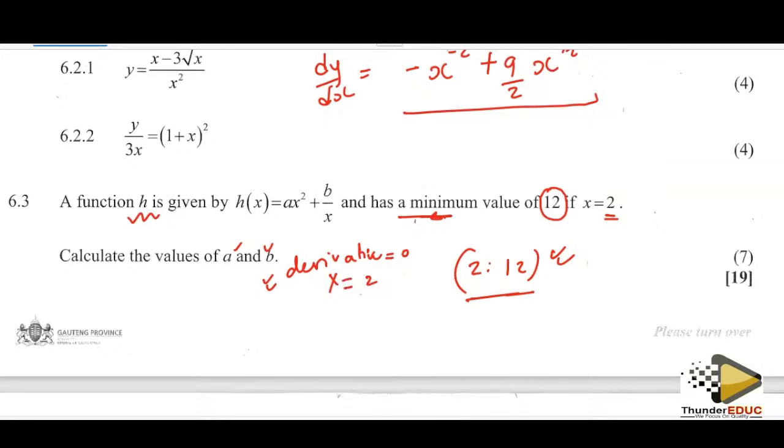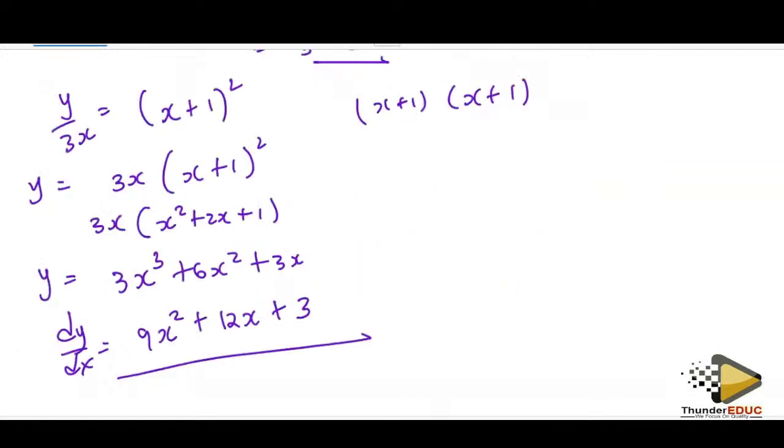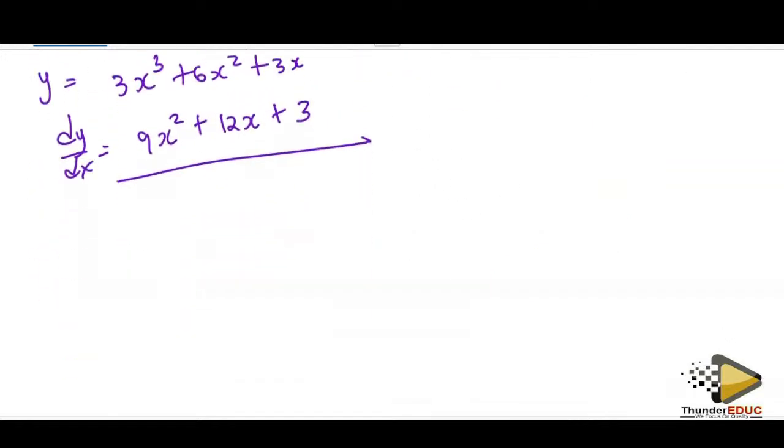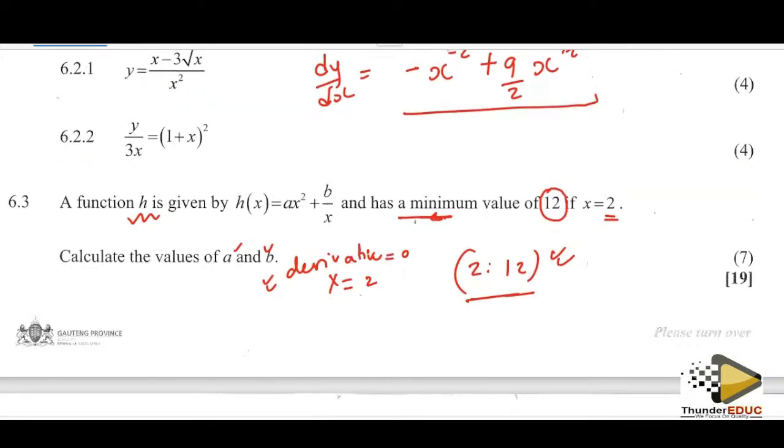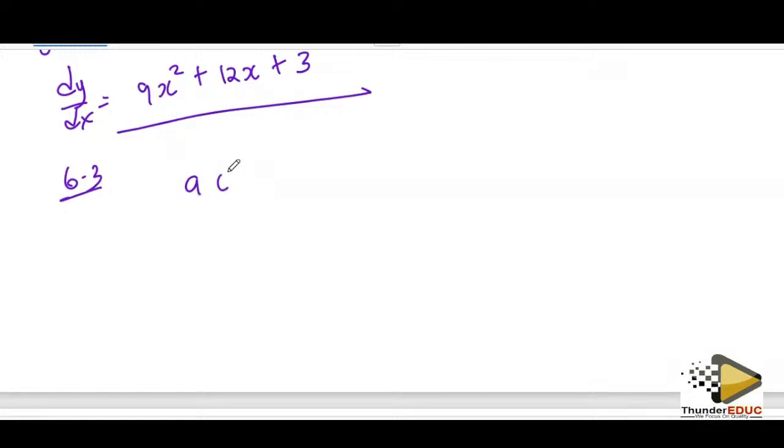Okay, so what do we do first? I'm going to find the first derivative, just like I said. That is my y or my f of x: ax squared plus b over x.